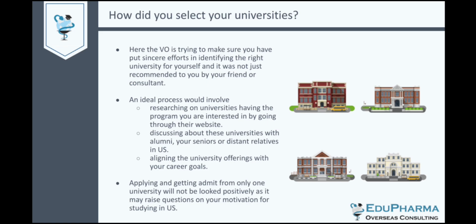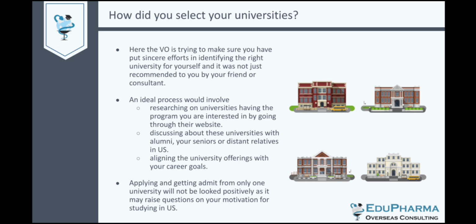You can also talk to alumni or senior people from your university who have already gone to those universities, and try to understand what the program is like, what kind of university it is, what different kinds of courses are available, where the alumni end up after finishing their masters. So this kind of information you can gather even from people.